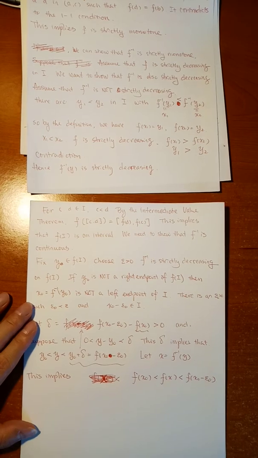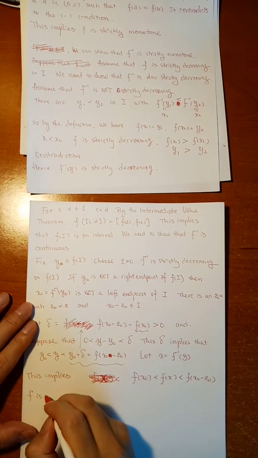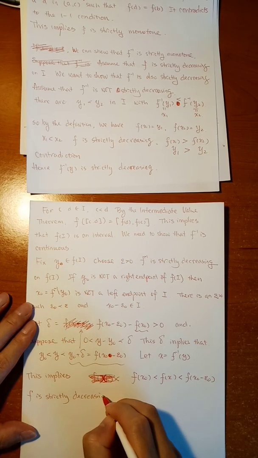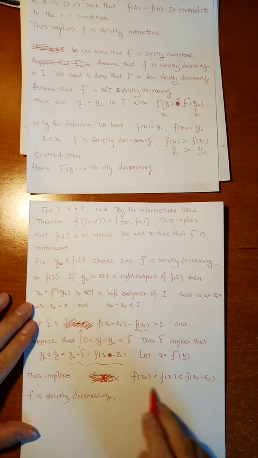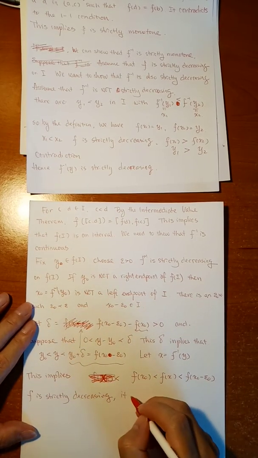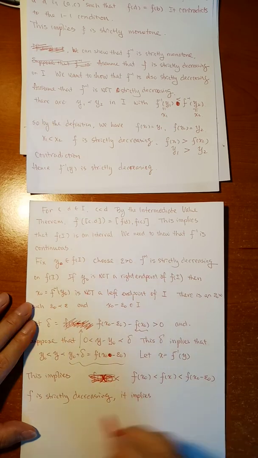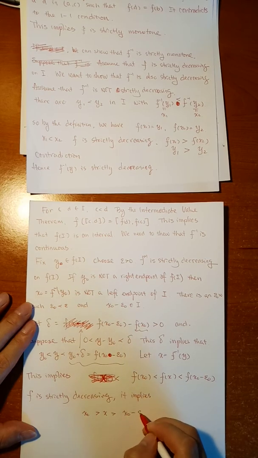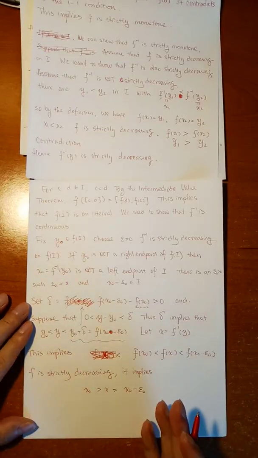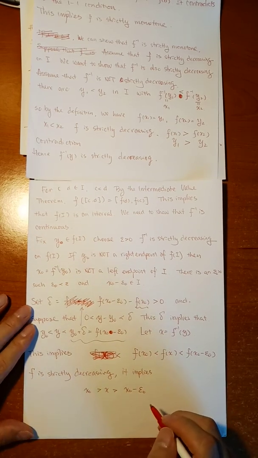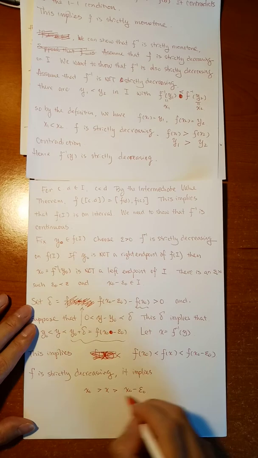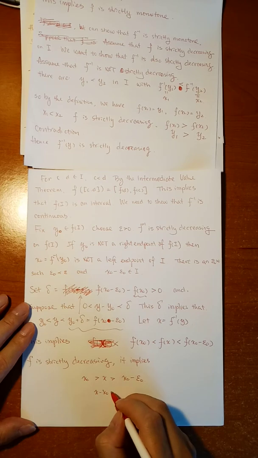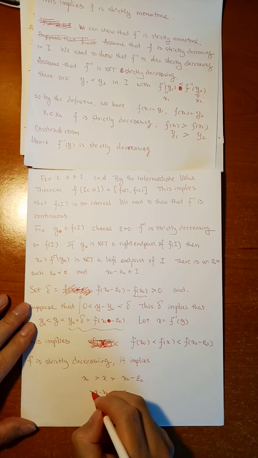And f is strictly decreasing. This condition implies the other way: x0 minus epsilon 0, you have to flip it, right? And all of them are inside I, and this implies x minus x0 is greater than negative epsilon 0 and less than 0.